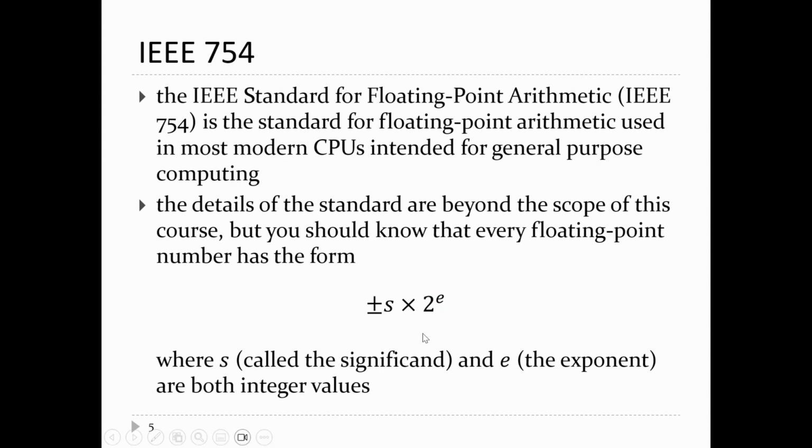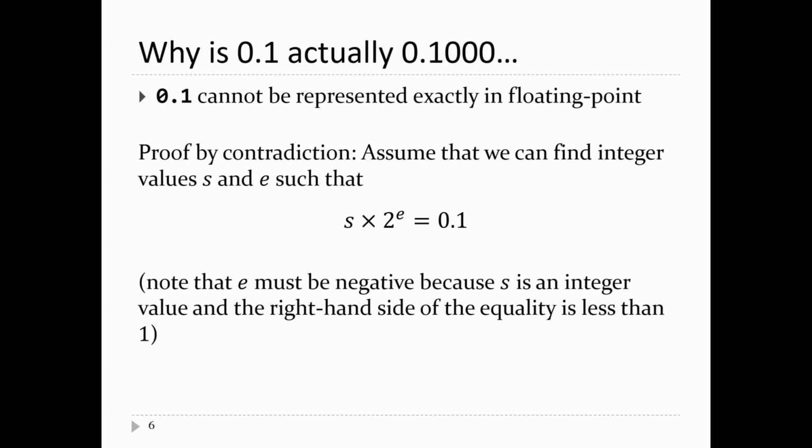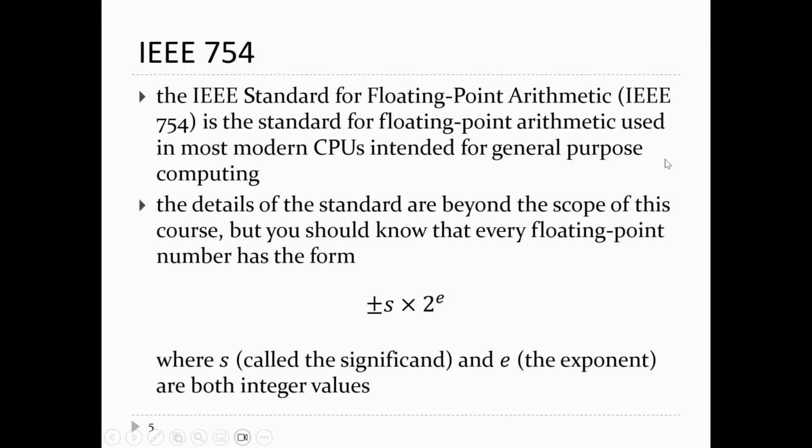So s is an integer, e is an integer, and that is the representation of every floating point number on your computer. So why can't you represent 0.1? When I print out its value, it's not 0.1, it's 0.1 and something. I claim that this is the case because it can't be represented exactly using this representation.